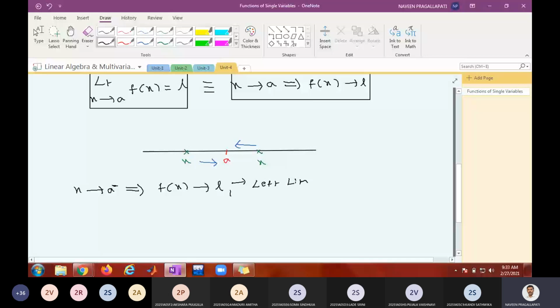And whenever x is approaching a from the right-hand side, if f of x is approaching L2, then what is this L2 called? Right limit.